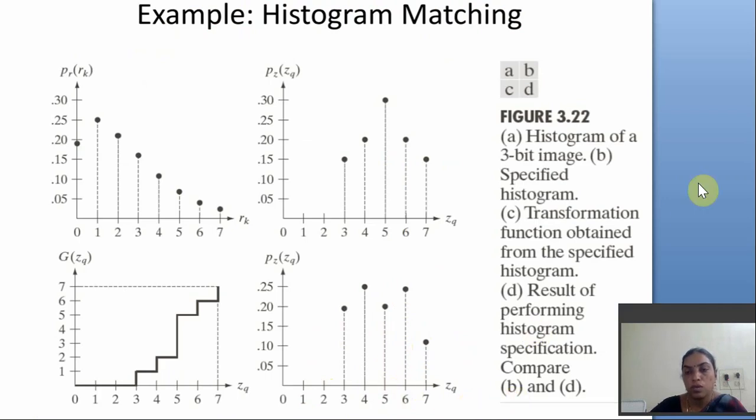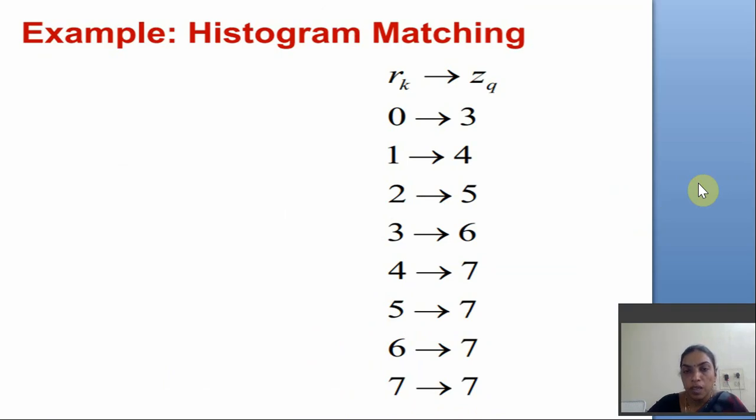Okay. So here, this is the input image RK values. This is the enhanced image after applying the histogram specification method, enhanced image ZQ values. That means in the input image you have the 0, 1, 2, 3, 4, 5, 6, 7 intensities.